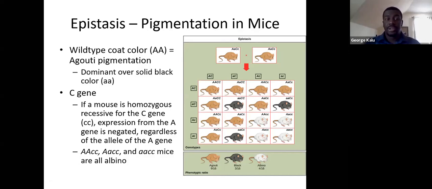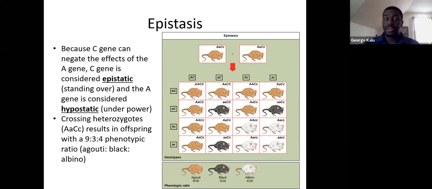Because the C gene has the ability to suppress the activity of the A gene, we call the C gene epistatic, meaning that it's standing over or expressing its dominance over the A gene. And so the A gene would be considered hypostatic, meaning that it's under the power of the C gene here.